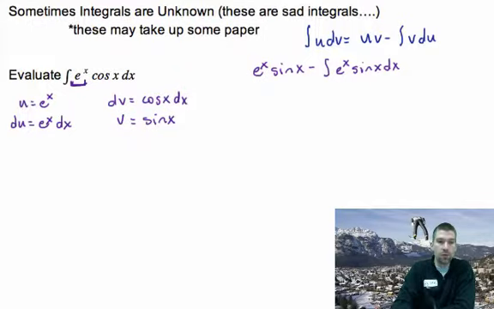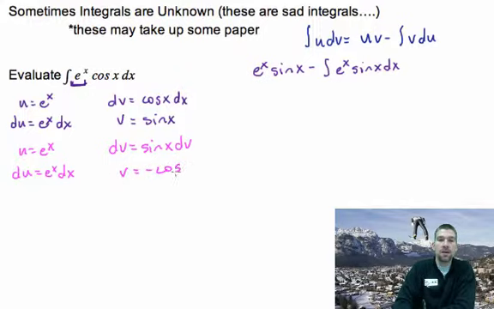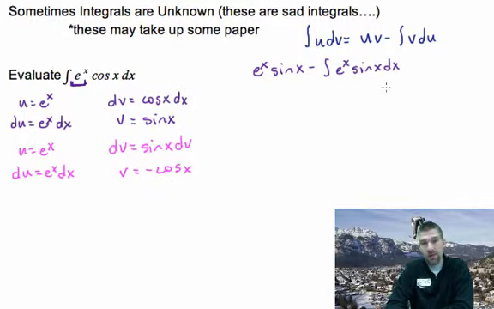So we're going to do parts again. u is going to be e to the x, so du is e to the x dx. dv is going to be the sine of x dx this time. When you integrate sine of x, you get negative cosine x. So we're going to set that up the same way.